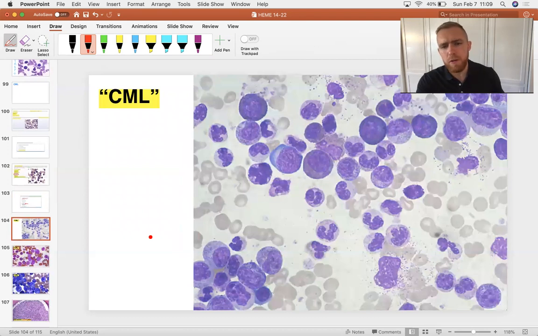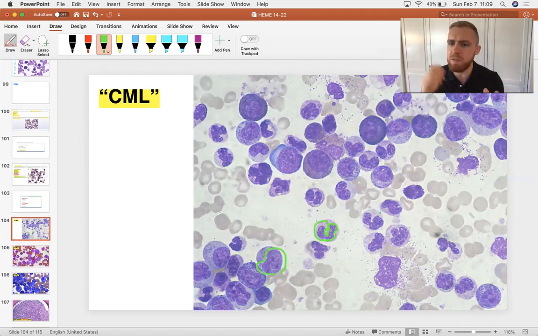A couple of smear photos of CML right here at the beginning will help you understand what's going on. A lot of white cells in the blood. They're all of the myeloid lineage. You can tell that they've got kind of characteristic kidney bean nuclei, a lot of them. This one down here, lower left, that's a monocyte. And a lot of neutrophils, with multilobular nuclei, maybe 2 or 3 or 4 lobes is normal for a neutrophil.